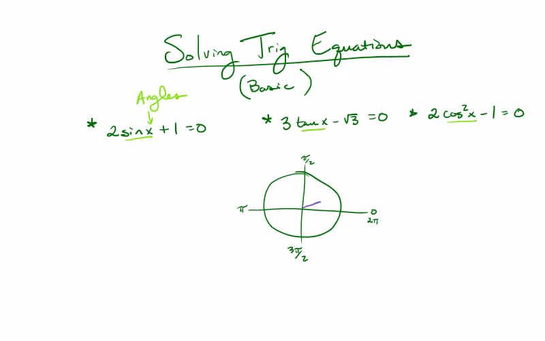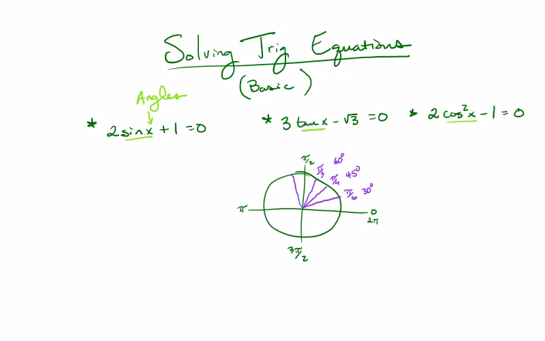So might be pi over 6. And hopefully you have some introduction to trigonometry prior to watching this video. Pi over 4, pi over 3, right? Or 30 degrees, 45 degrees, and 60 degrees. Right, so our answers are going to be in the form of these angles all throughout the unit circle.